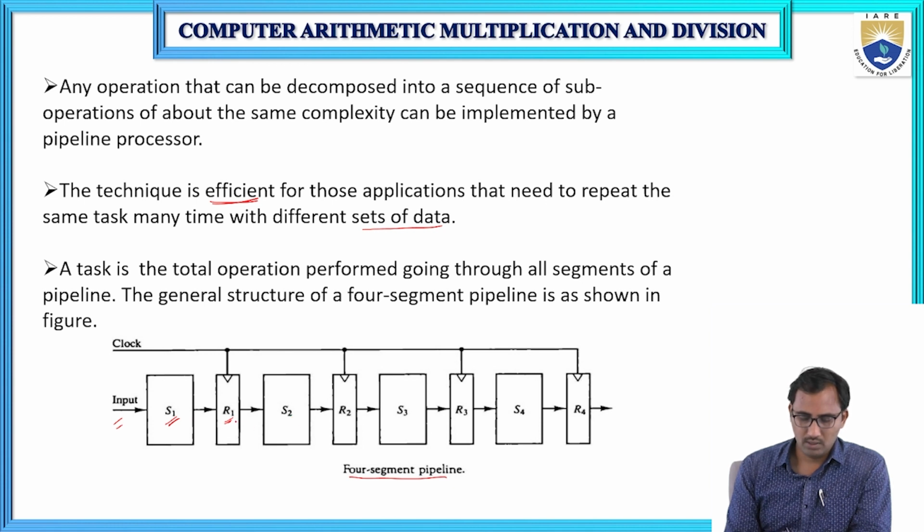Then R1 data will be given to segment 2. Then it is given to register R2. Once the data passes through the segment, the result will be stored in the register. So this is the first segment, second segment, third segment, fourth segment. So in total we have 4 segments.